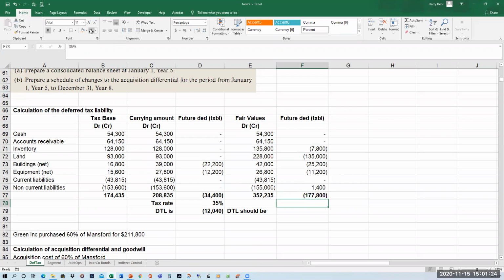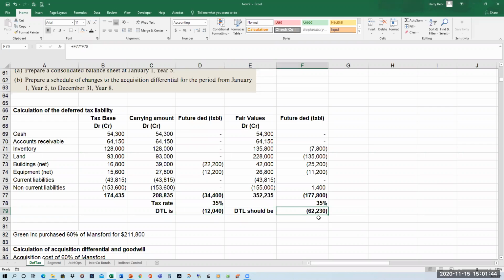With a tax rate of 35%, this means that the deferred tax liability should be $62,230. So there is a difference between what the deferred tax liability is and what the deferred tax liability should be.